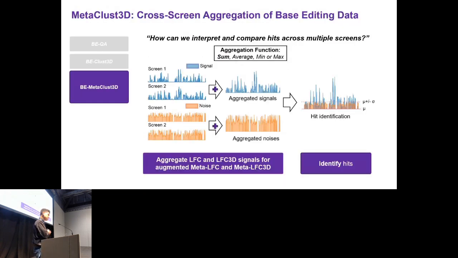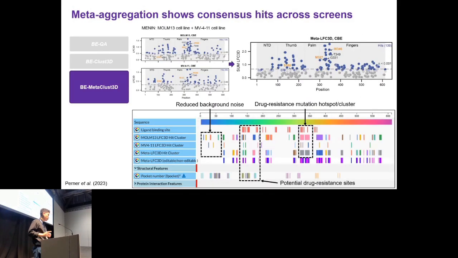The last part of the BE3D cluster is about meta aggregation: when we have multiple screens, how can we aggregate them and get a consensus signal? We picked summation as the default aggregation function, but users can pick any function to combine the hits across multiple screens. Here I brought a MEN1 example.